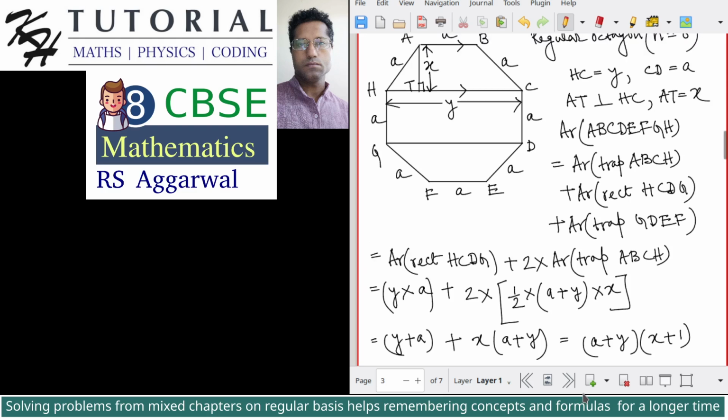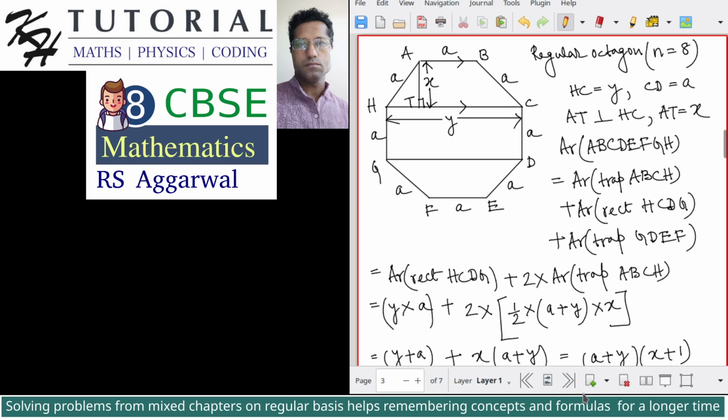I am not trying to give any formula. I am just trying to explain, based on given dimensions, how we can divide the regular polygon into some trapezium, rectangles or triangles or even parallelograms, and find the individual area of those triangles, parallelograms and rectangles, and add them up. This is the primary objective of discussing these examples.